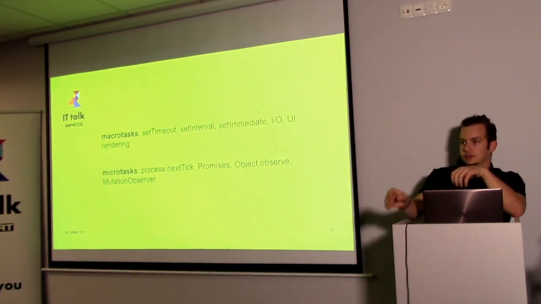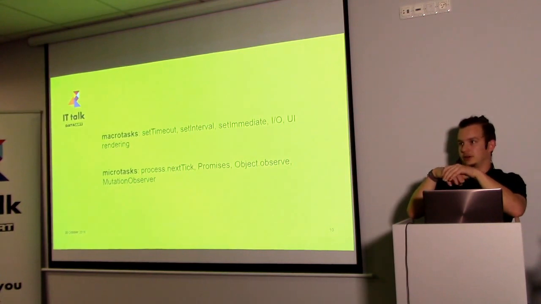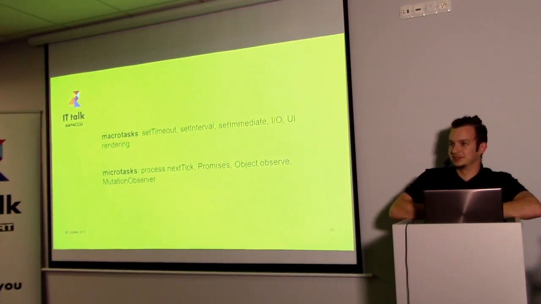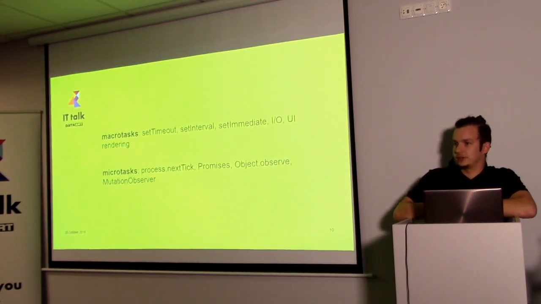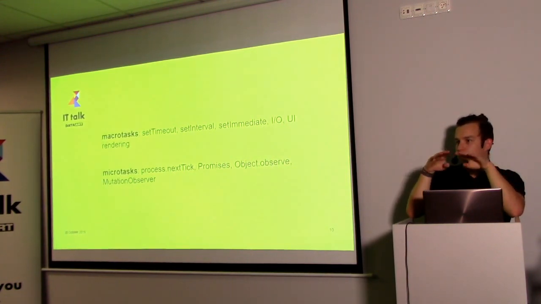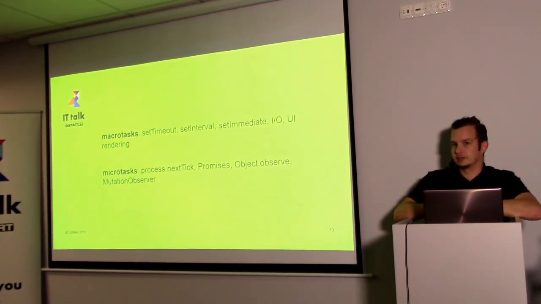So I believe the Firefox guys should move their implementation to the Chrome one, but it's just my opinion, because I don't see any difference between mutation observer and promises from the perspective of logically handling the microtasks. Okay, thanks. One more.